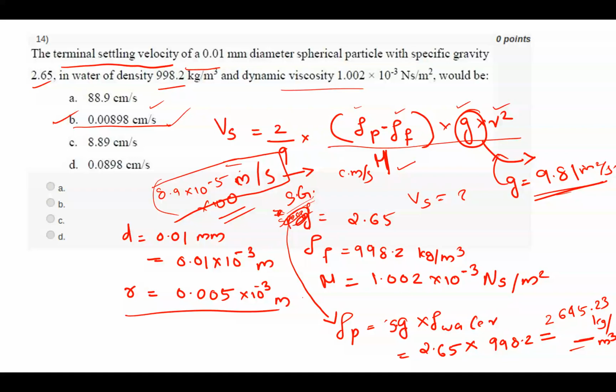Do this calculation with 2 by 9 once more, then tell me the final value without converting, the answer in meter per second. Who has calculated first? Can you tell?